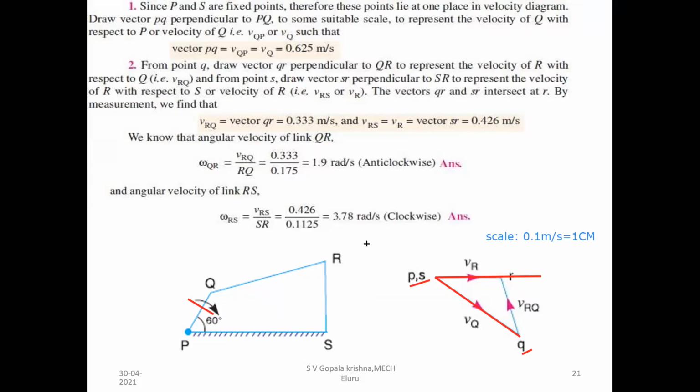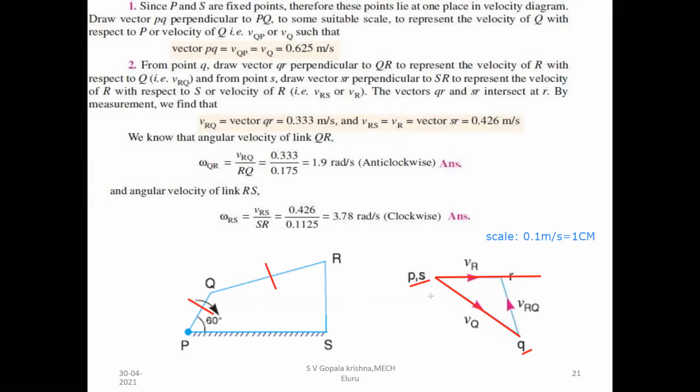Now QR, another link is there. Now you have to take the perpendicularity of QR. We don't know the velocity of QR and RS, but their directions are known. So you only have to take the directions. The direction of QR is there, and you just have to take the perpendicularity. Why?